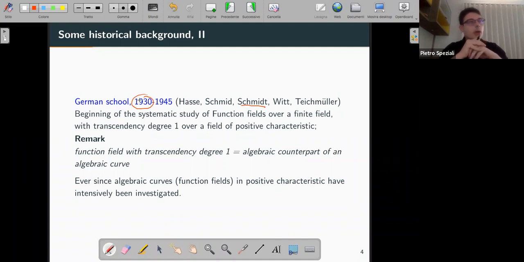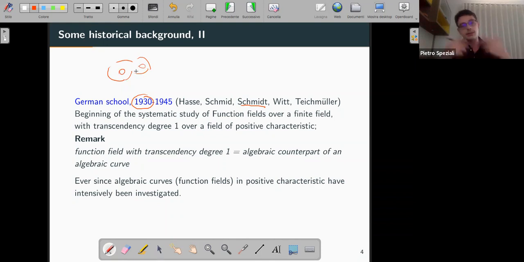So why am I stressing so much the fact that they were studying transcendency degree 1 function fields? Well, we are not anymore in the complex world. You don't even have the intuition of the topological genus, right? You don't have topology to help you.